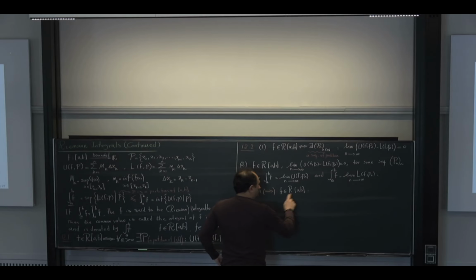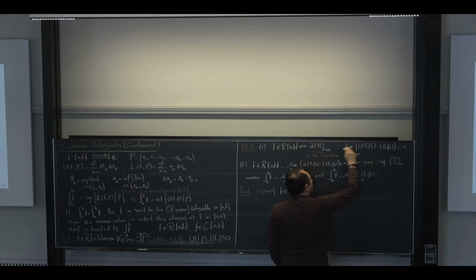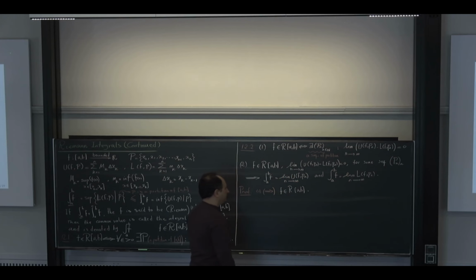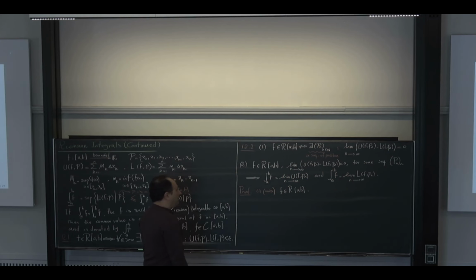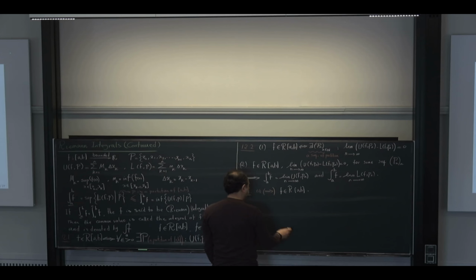So, f is Riemann integrable. We want to prove that there exists a sequence of partitions for which this limit is equal to 0. Let n belong to the natural numbers. So f is Riemann integrable. Now I want to use the previous theorem, theorem 12.1.